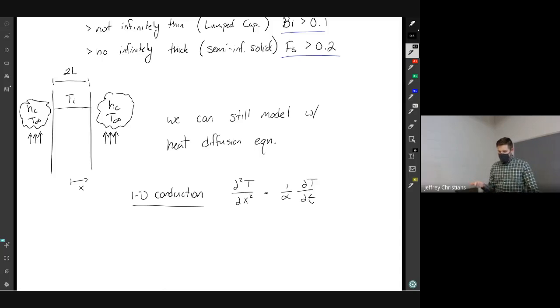Okay, so that would be our 1D conduction model. We would need two boundary conditions and an initial condition, one for each of the things. It's first order in time, so we need one thing for that, an initial condition. And it's second order in space, so we need two boundary conditions for that.